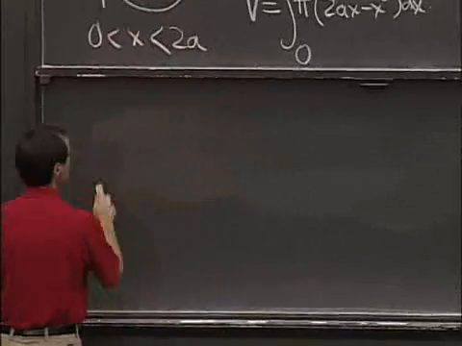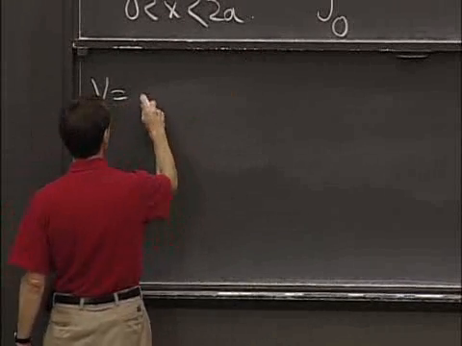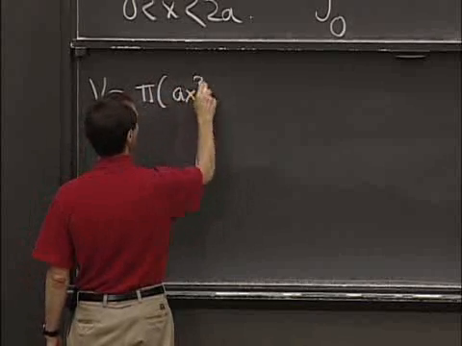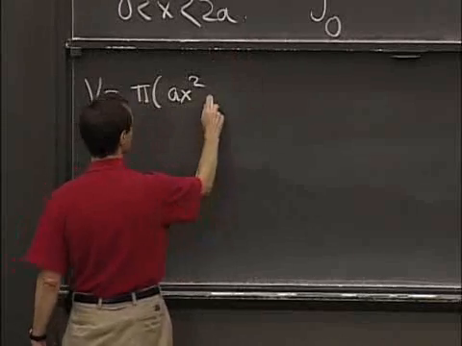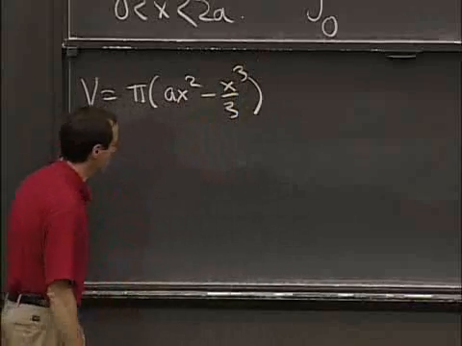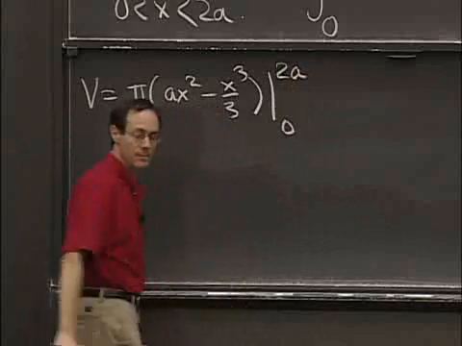All right, so let's just finish it off. We have the volume is, if I take the antiderivative of that, pi times ax squared, whose derivative is 2ax, minus x cubed over 3, the thing whose derivative is minus x squared, evaluated at 0 and 2a.